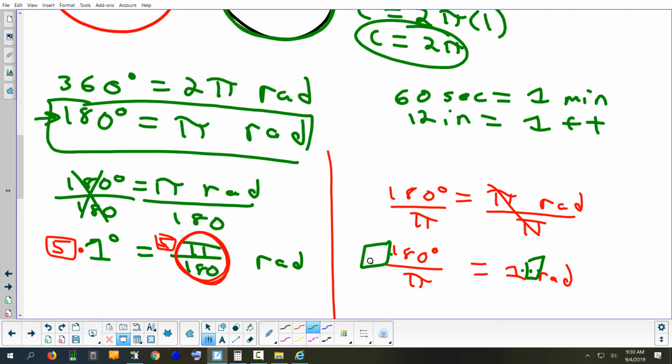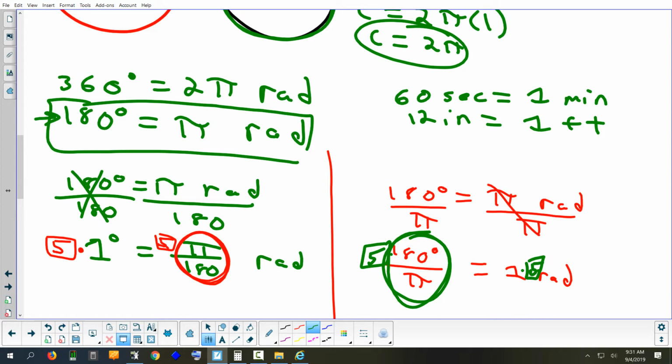What if I wanted to know how many for 5 radians? I wanted to change 5 radians to degrees. Times by 5. 1 times 5 is 5 radians equals, and now do this calculation out. This is the key right here. Compare it to what we had before.